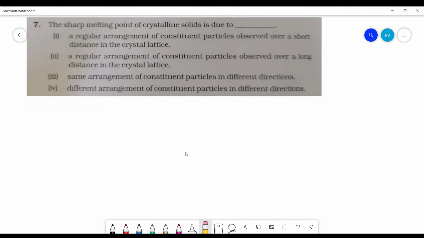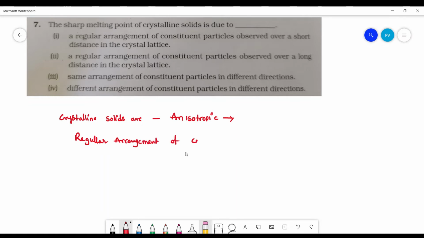The basic point here is that crystalline solids are anisotropic in nature, and they have a regular arrangement of constituent particles in long range order.